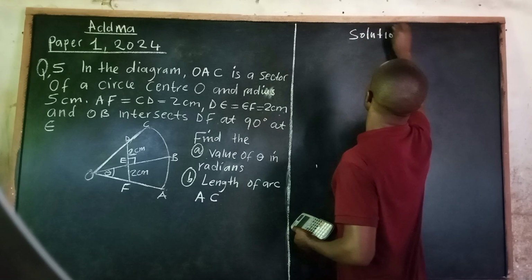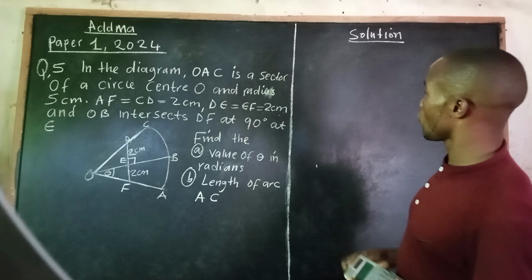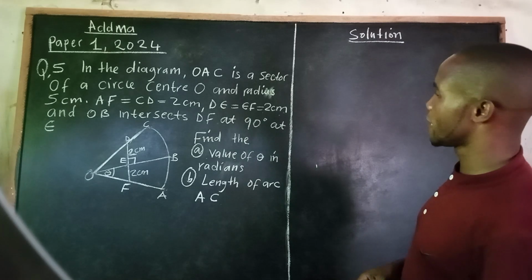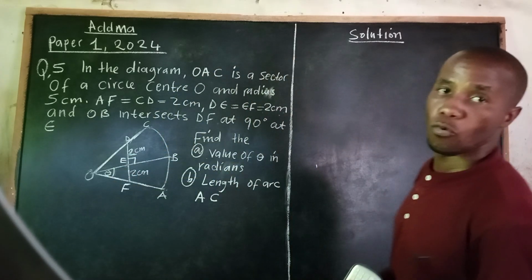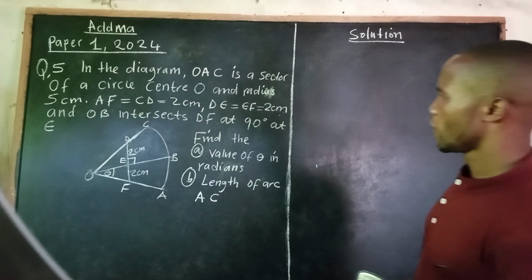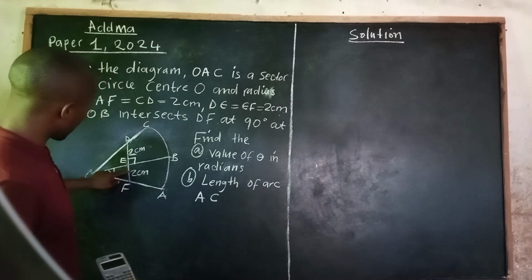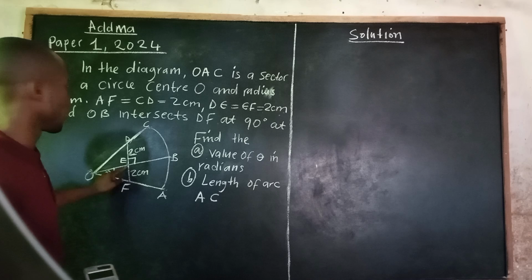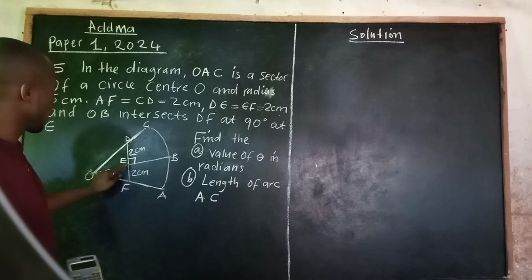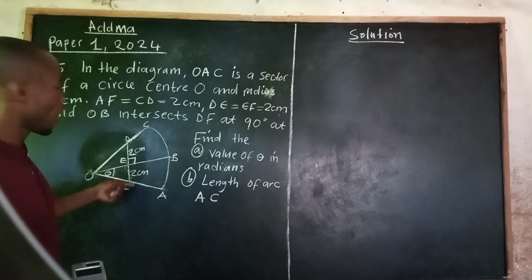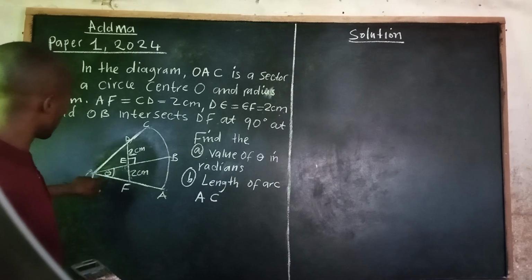Solution. To start with (a), the value of theta in radians, this angle is the one they want us to find. When we look at this angle, this is 90 degrees, so we are going to make a right-angled triangle. With a right-angled triangle, we can use SOHCAHTOA to find this angle.